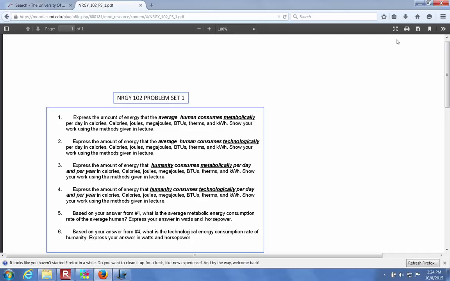Okay, but it's a good problem, and as we go through some of these problems or some of these parameters we look at, we're talking about a power plant producing X amount of kilowatt hours per year or per day.